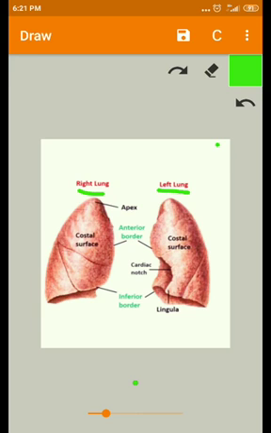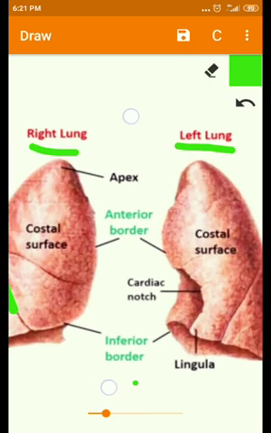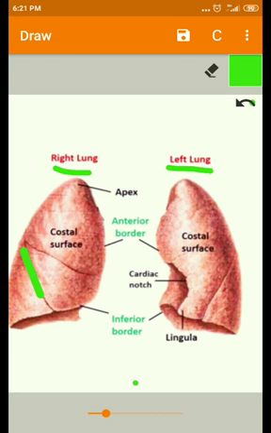So now we'll see the oblique fissure. Here we can see this oblique fissure. Yes, the oblique fissure cuts into the whole thickness of the lung. If you take the lung, it will cut the lung from the posterior aspect to the anterior aspect, except at the hilum. The root of the lung will not be divided here.